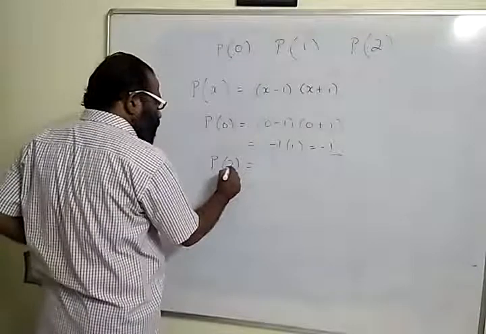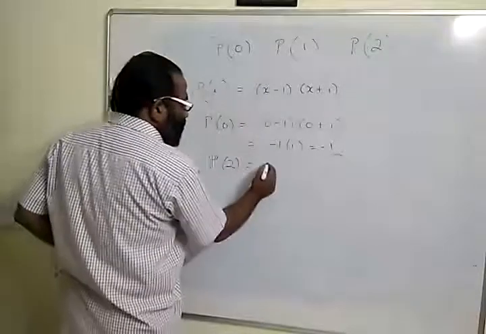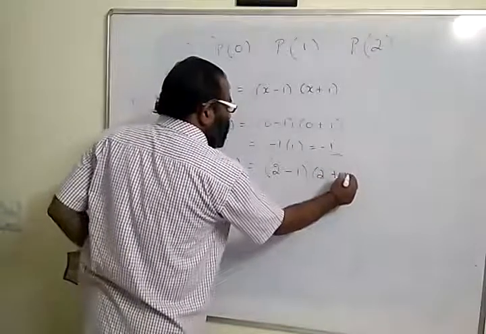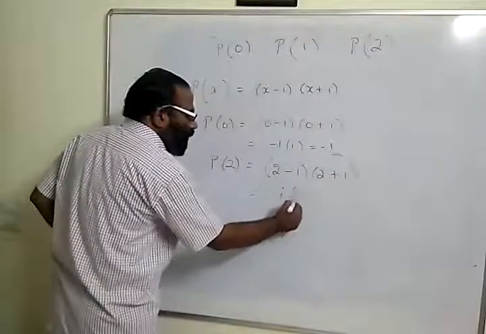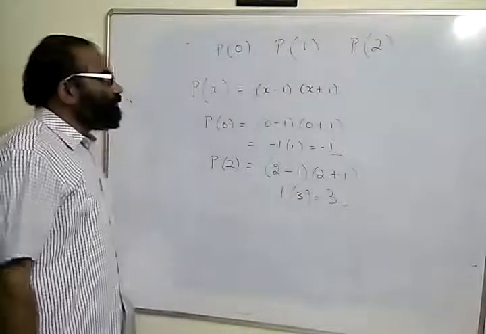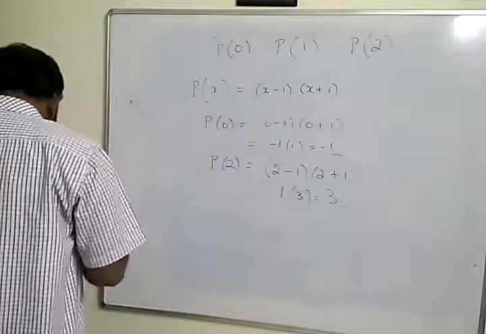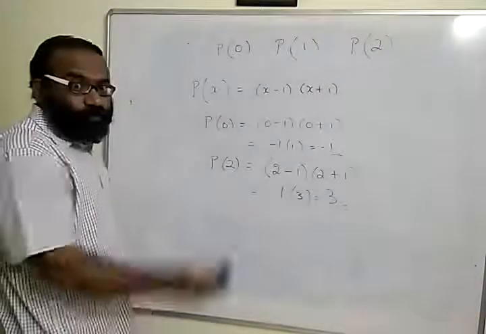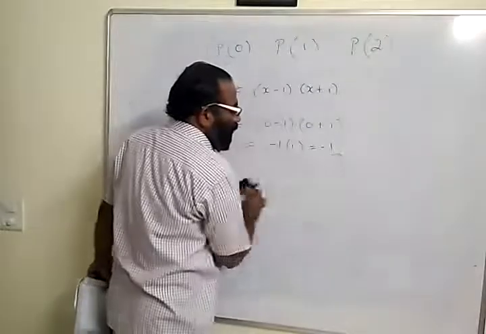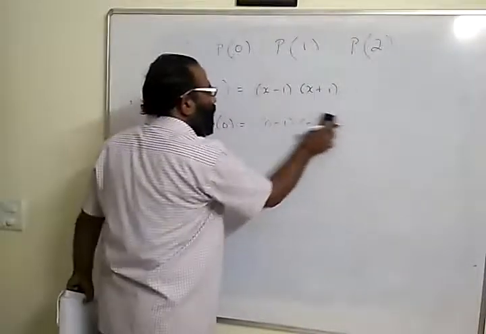P of 2 would be x minus 1, that is 2 minus 1 into 2 plus 1, which is 1 into 3, which is equal to 3. Okay, I hope you are clear with finding the values of the polynomial when the variable is given a particular value.